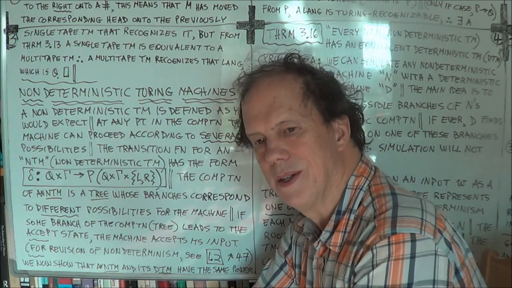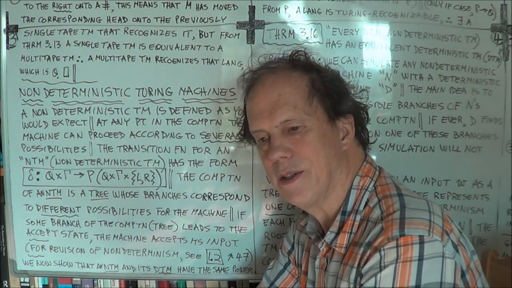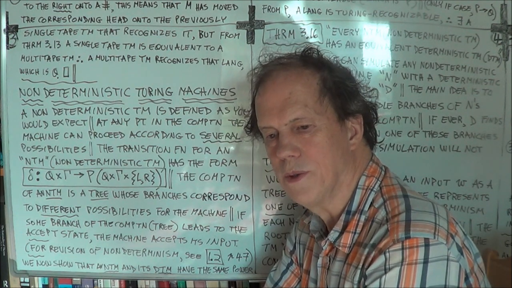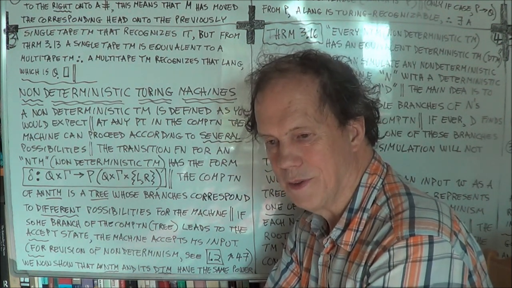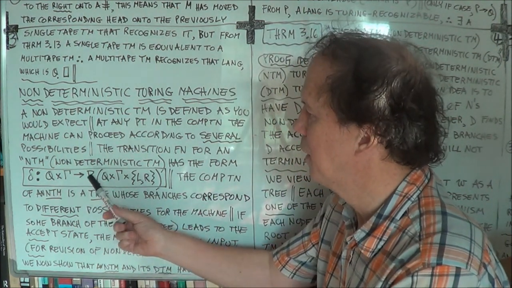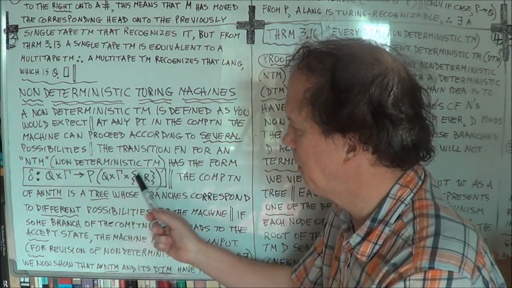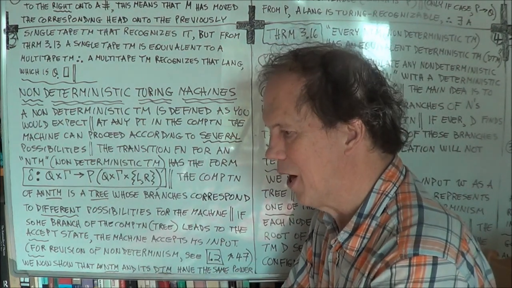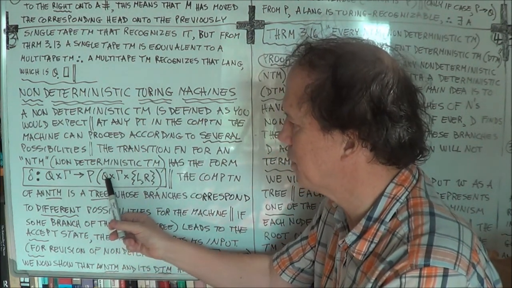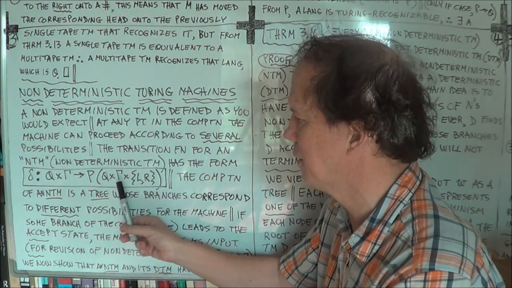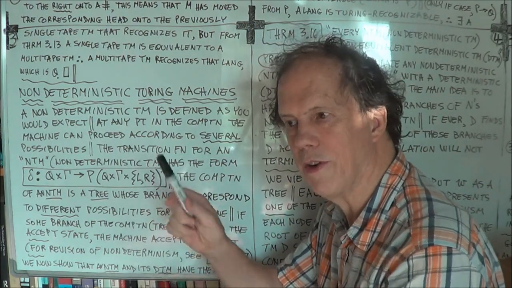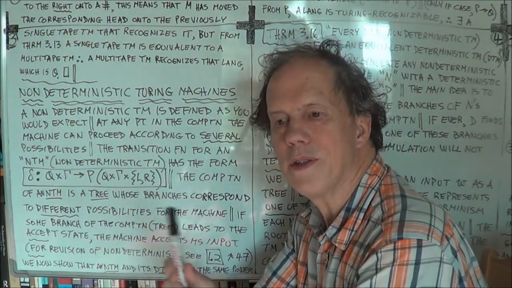The power set of a set A is the set of all subsets of A. Here you can have a whole set of possible triples: a state, a symbol to be written, and a move.